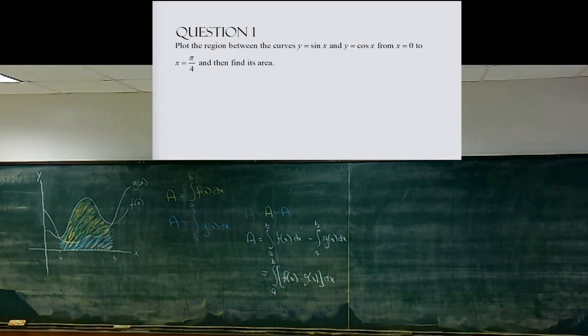So we will be using Mathematica tonight just to kind of get an idea of what the areas look like. So first we're asked to plot the region between the curves of sine of x and cosine of x from 0 to pi over 4 and then find its area.